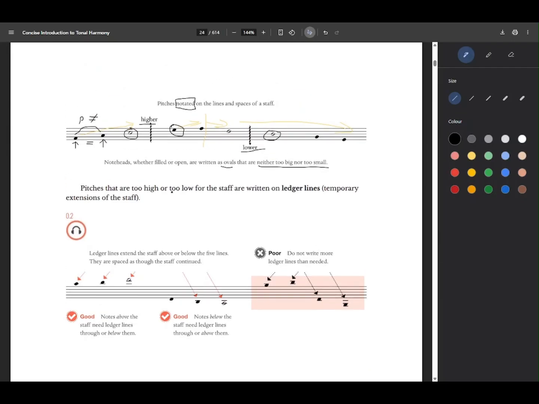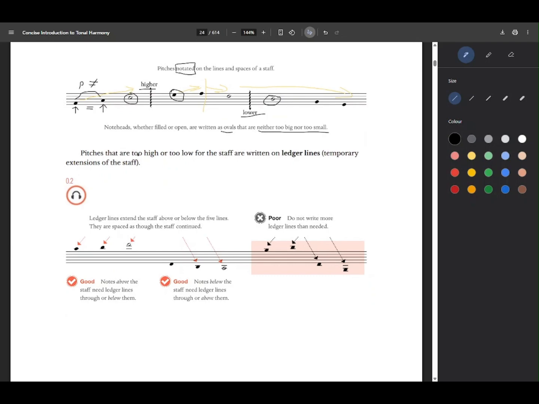Moving on, pitches that go above or below the staff, which is our 5 lines, require what we call ledger lines. So if I want to write a note here, that's great. We have a space for it, that's perfect.